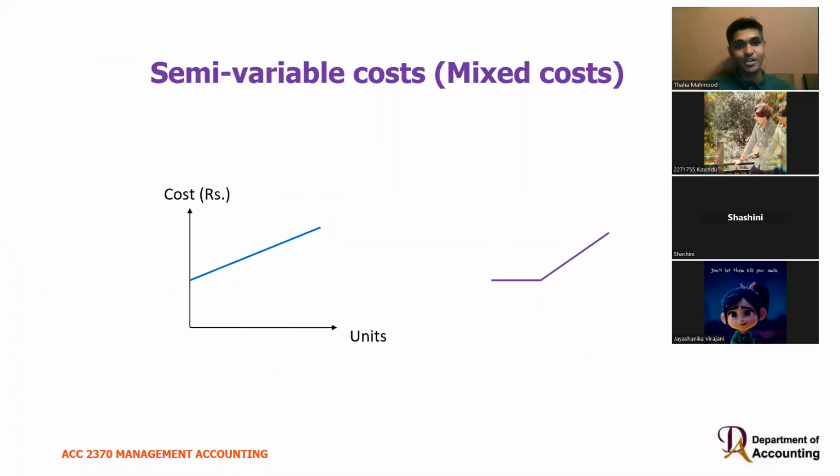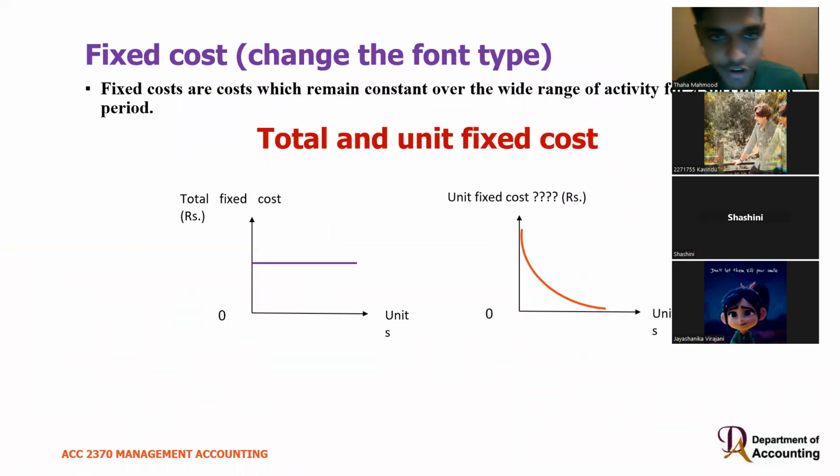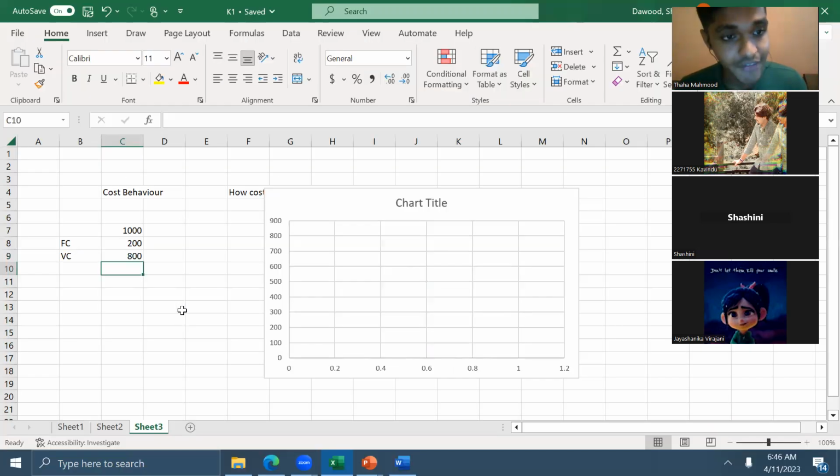Semi-variable cost is cost which partially varies with the level of output. It has both a fixed portion as well as a variable portion, and when the output changes, only the variable portion changes.